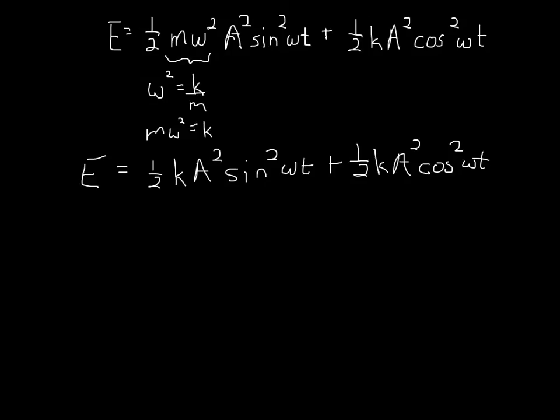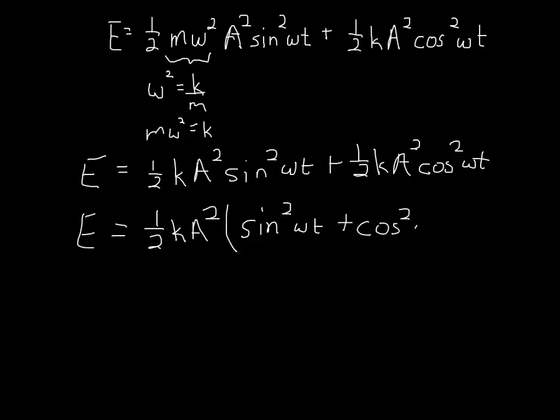And what I'm going to do is factor out the common factor that I have in here. I have a 1/2 k a squared that's in common between both pieces of my sum. So I factor that out, and I end up with sine squared omega t plus cosine squared omega t.